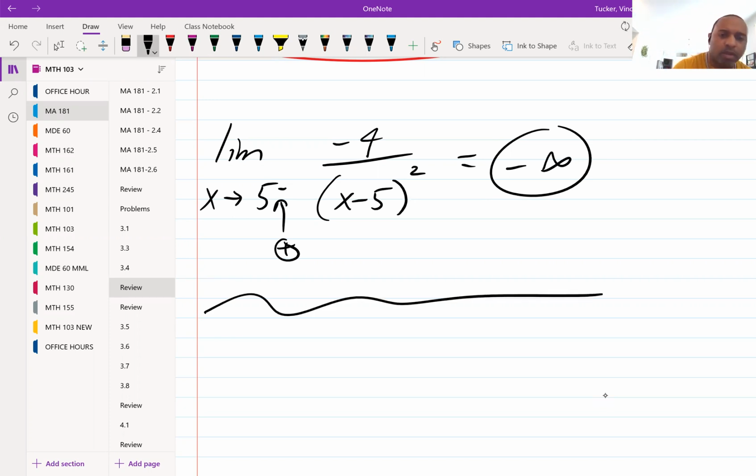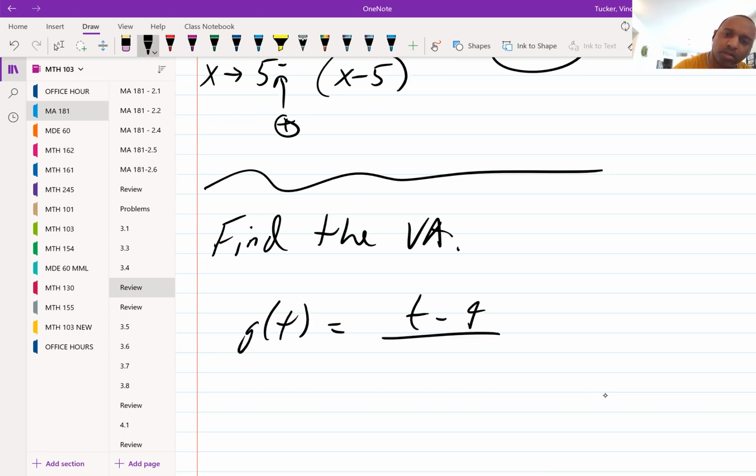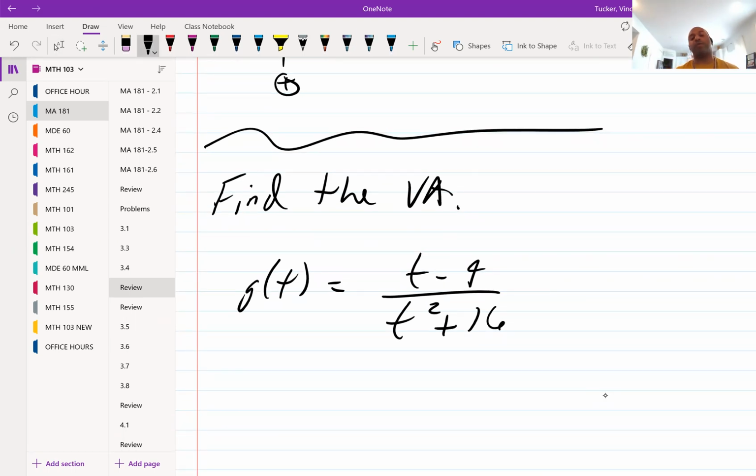Okay. Next one, you want to find the vertical asymptote, if there is one. And if it's not, then D and E for do not exist. All right, so if we look at our denominator, we see our numerator is t minus 4.